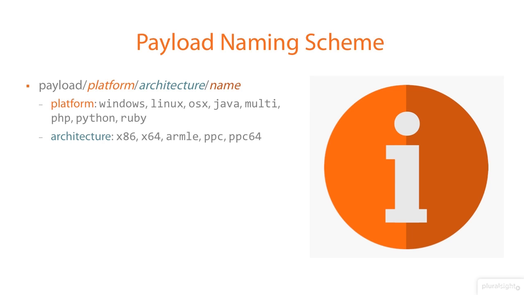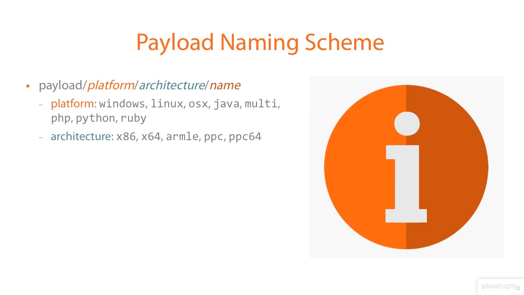The processor architecture is very specific because most of the payload code is written in assembly language and is therefore very specific to the processor on the target system. Here, examples can include x86 for 32-bit Intel-based processors, x64 for 64-bit Intel-based processors, ARM-LE for mobile and embedded devices, PPC for PowerPC processors, and PPC64 for 64-bit PowerPC processors.